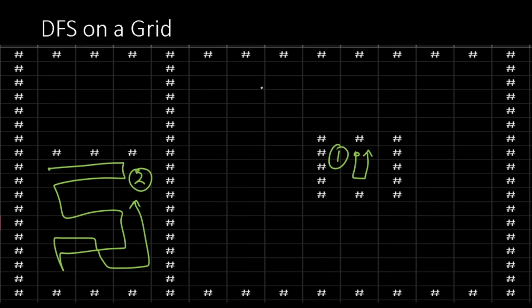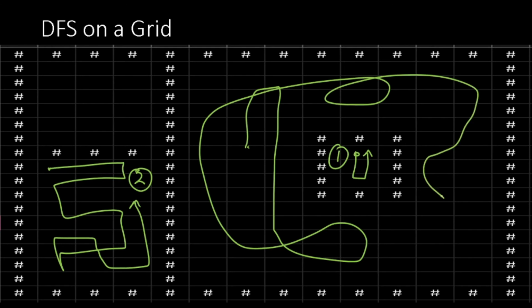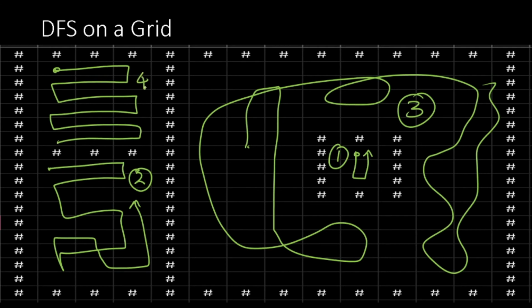Then I'll pick another unvisited location. Let us say I pick here. I cover all this area and then I will label it as room number 3, connected component number 3. Lastly, I will pick an unvisited node here and I will cover this entire space and I will label it as room number 4.